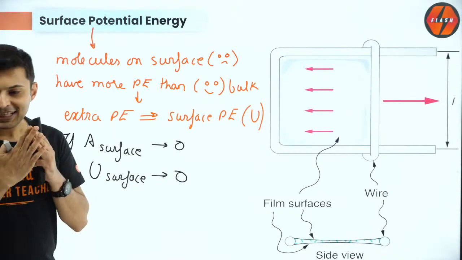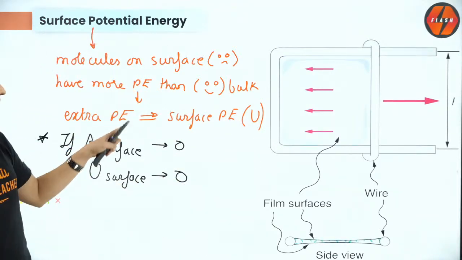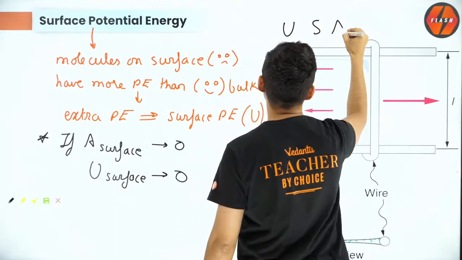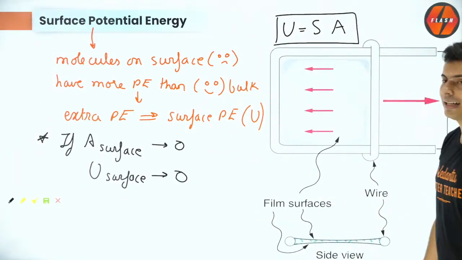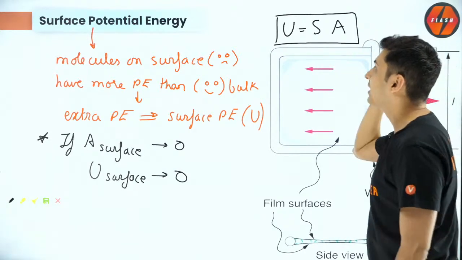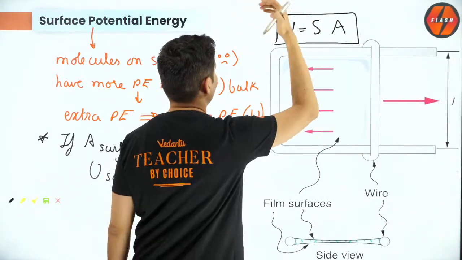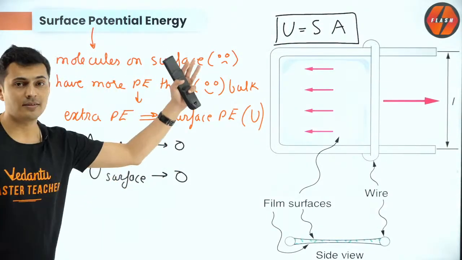Now, here is the thing. Yes, the surface has extra potential energy compared to the bulk. The formula for that is U is equal to S A. Just remember this, guys. It's very easy to remember. The extra energy on the surface compared to the bulk is surface tension into the area which is exposed, the free surface area.